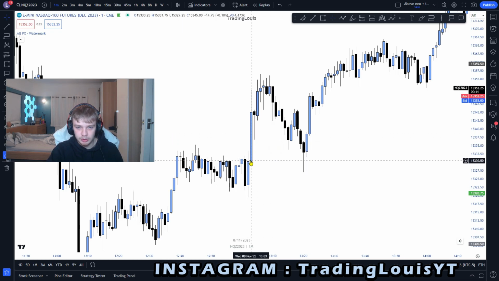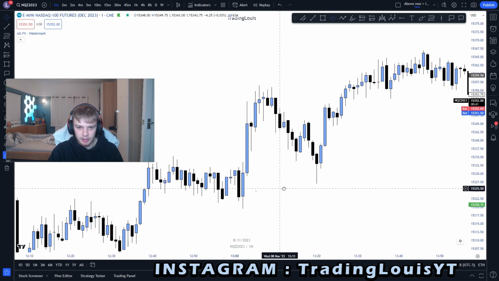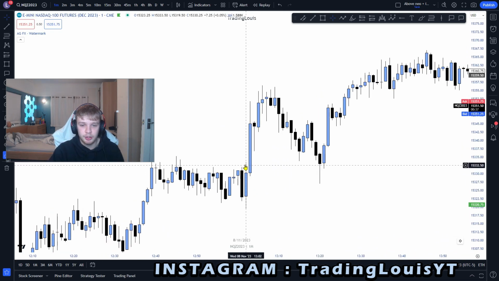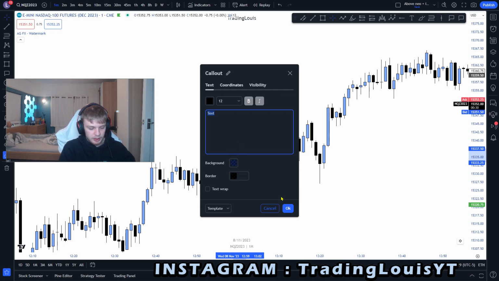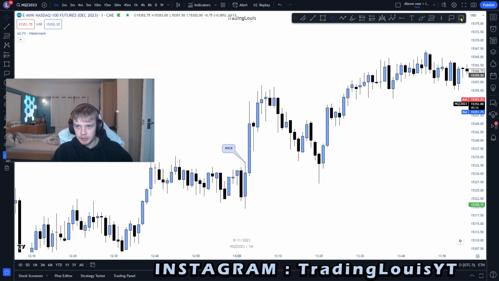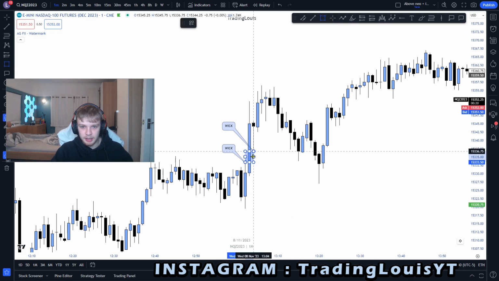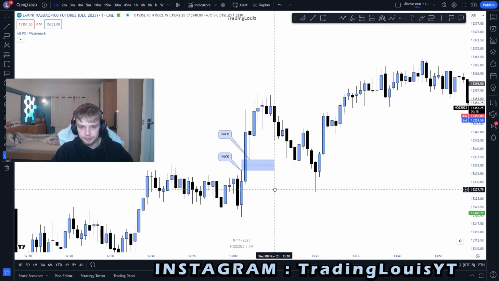The third candle and the first candle can't be touching. Let me draw it for you. This wick of the first candle is not touching this wick of the third candle. There is a nice gap there, and this is the fair value gap.